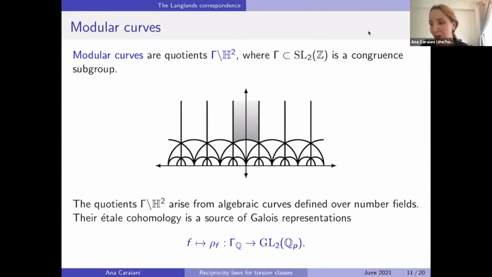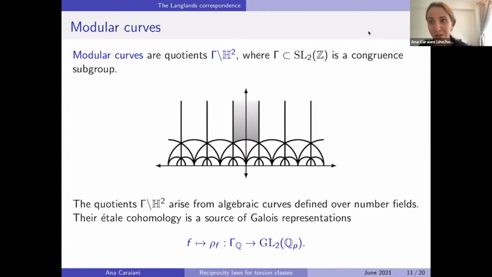And so the point is that you should think of the modular form as really living on the quotient of the upper half plane by the congruence subgroup. And here's a picture of a fundamental domain for the action of SL2Z on the upper half plane. So in order to construct the quotient, you need to identify that side, and this one, and this one. And so you get something that looks like a punctured Riemann sphere, possibly with some orbifold points.